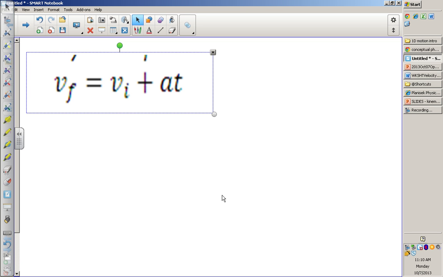So we can figure out the final velocity if we know the initial velocity, the acceleration, and the time.